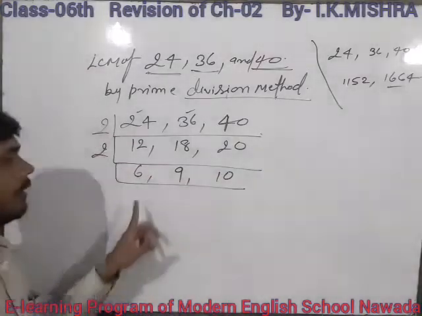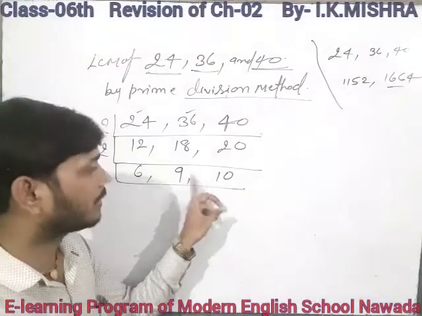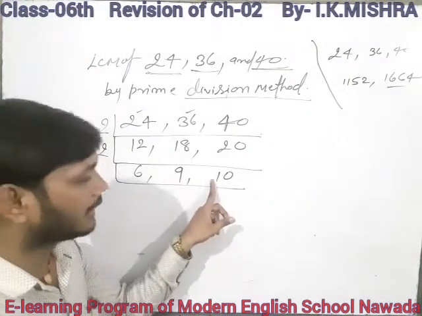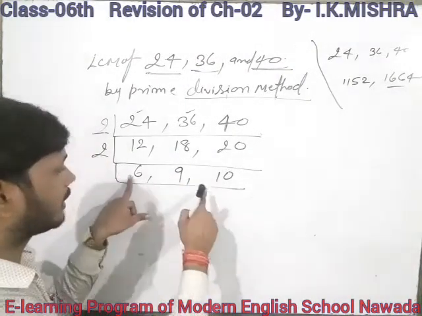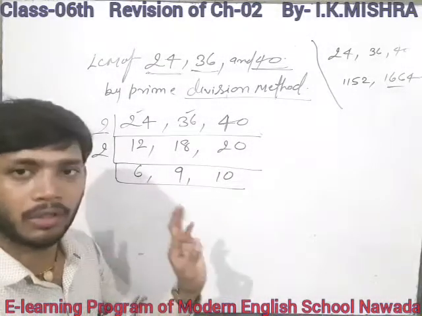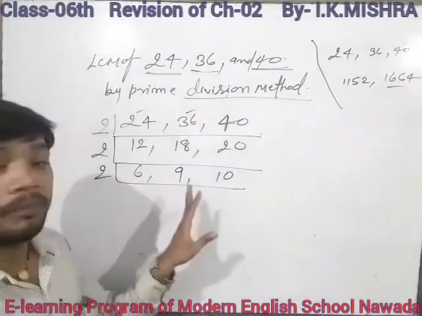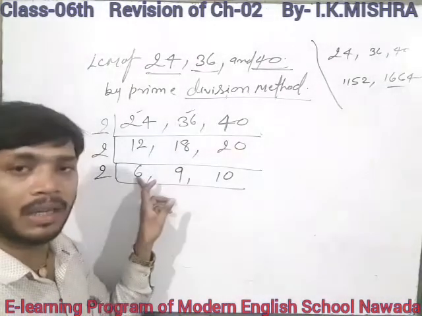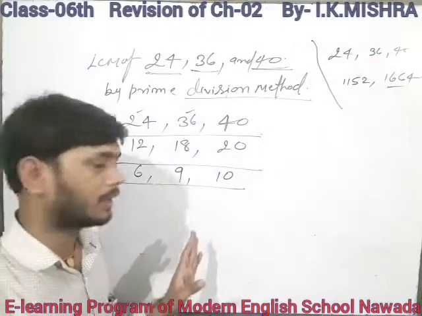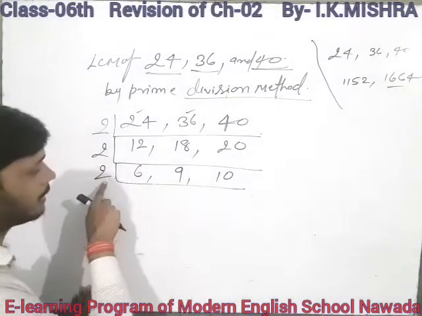Observe here 6 is divisible by 2, 9 is not divisible by 2 and 10 is divisible by 2. Here 6 and 10 are divisible by 2. That means two numbers are divisible by 2, so you can divide by 2. But if only one number is divisible by 2, then you can't divide it by 2. So here two numbers are divisible, so divide by 2.